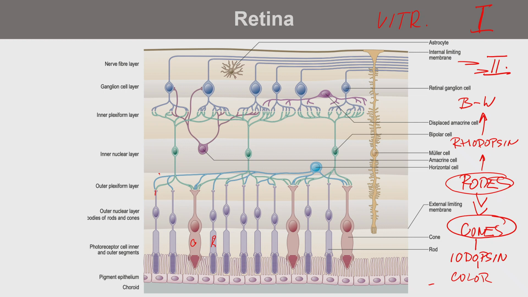Rods are more sensitive in the dark than cones, and cones are more sensitive in the full light. So you can observe if you are going in the time between light and night, you see everything not in color, so more gray than color.